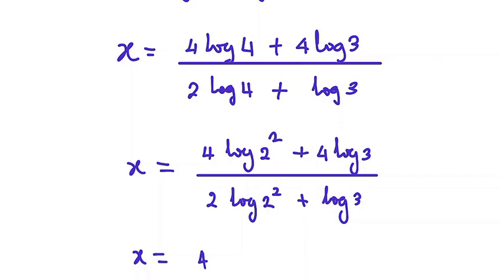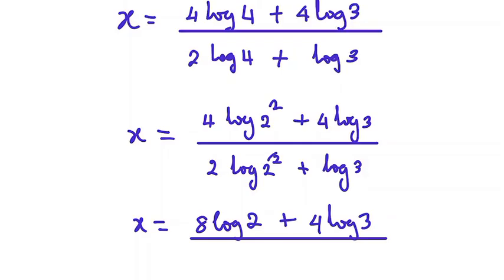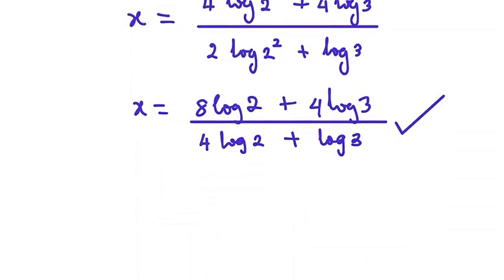The law we apply: these two we have to bring down and multiply by 4. And that will be 8 log 2, then plus 4 log 3, all divided by the same thing. These two come and multiply these two here. So we're going to have 4 log 2 then plus log 3. And this is our final answer.